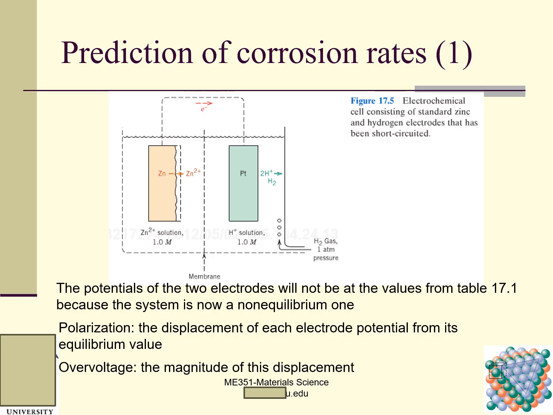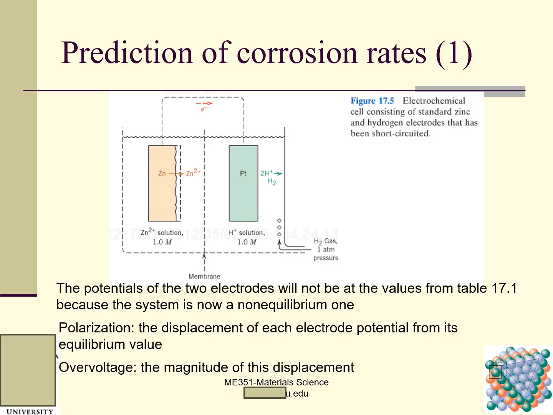So, polarization: the displacement of each electrode potential from its equilibrium value. The polarization, or overvoltage, is the magnitude of this displacement. You should know these two concepts: one is polarization, one is overvoltage.